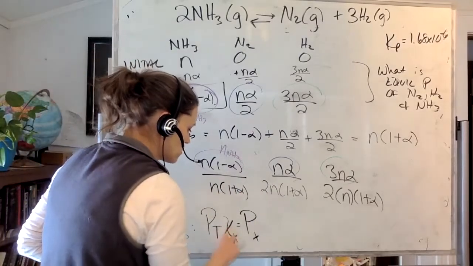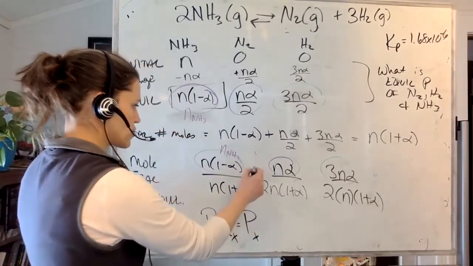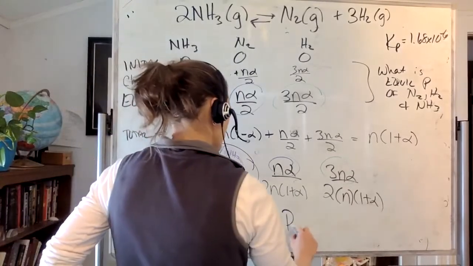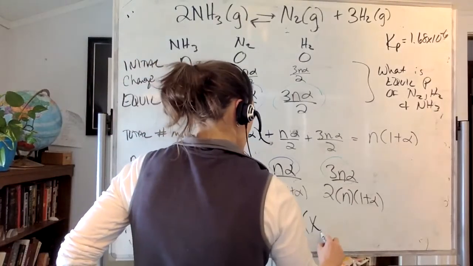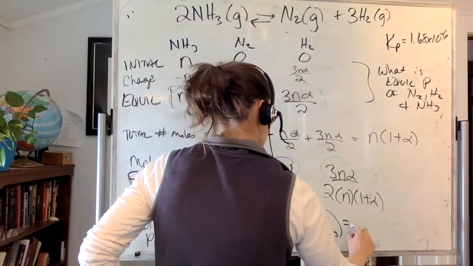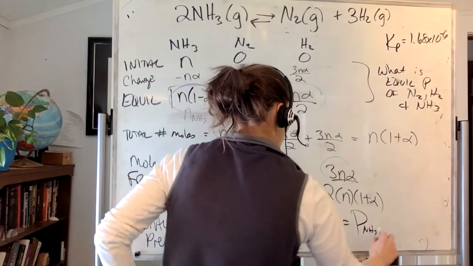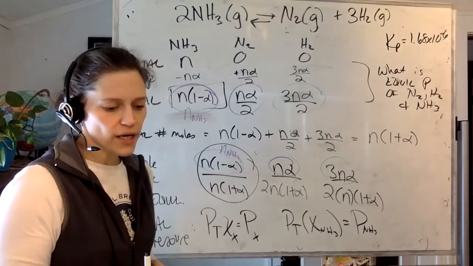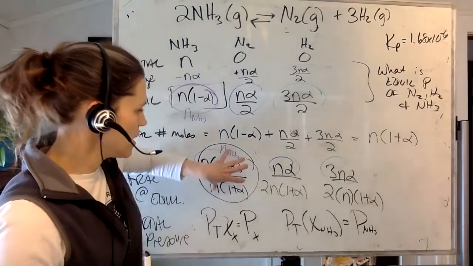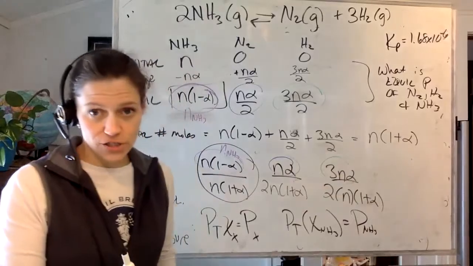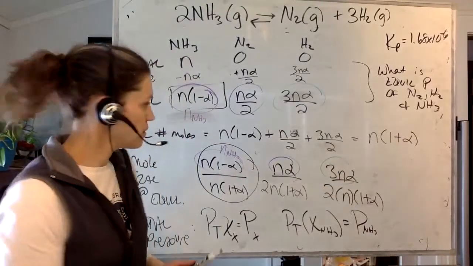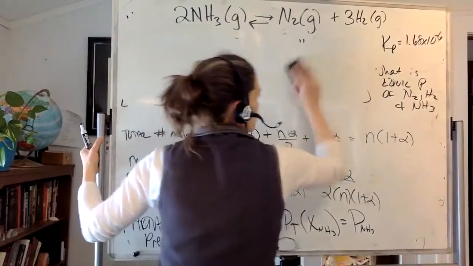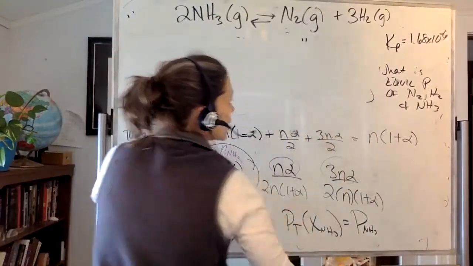And so if this is the mole fraction of NH3, then that means that P total times the mole fraction of NH3 is equal to the pressure of NH3. Does everyone follow that? So what I can do is multiply each of these quantities by the pressure, and then I would have a relationship for K sub P, which is the equilibrium constant at constant pressure.